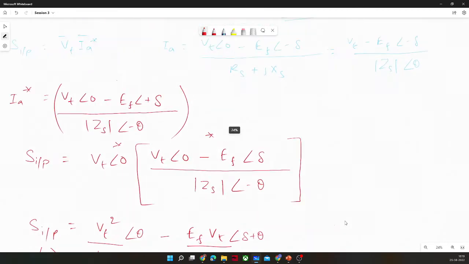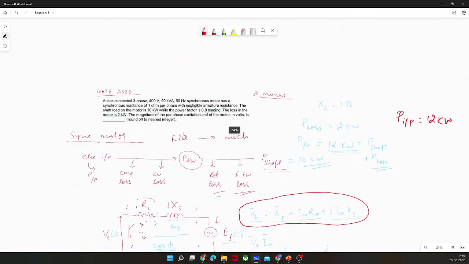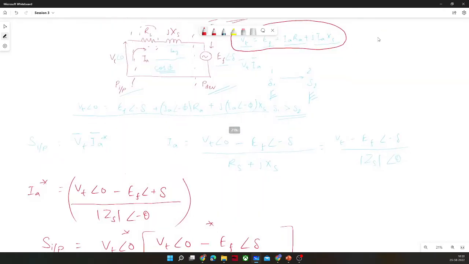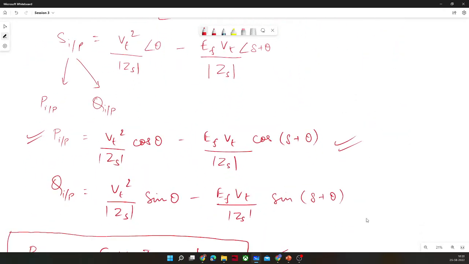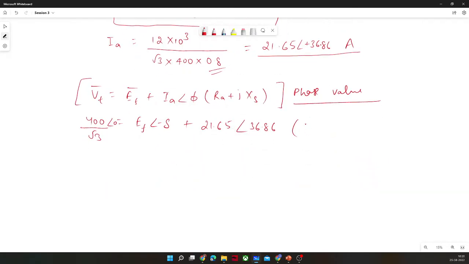If I go back to the problem, you can see it says negligible armature resistance. So this is the general scenario. In most GATE problems, they generally ignore the armature resistance. So jXS was given as 1 ohm, j1. Now I will rearrange it.